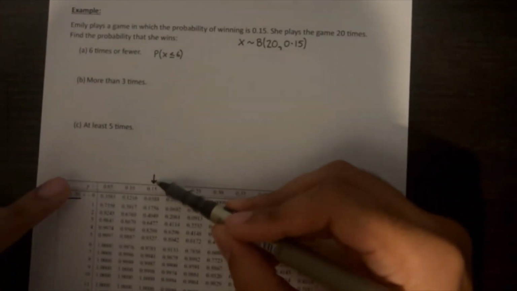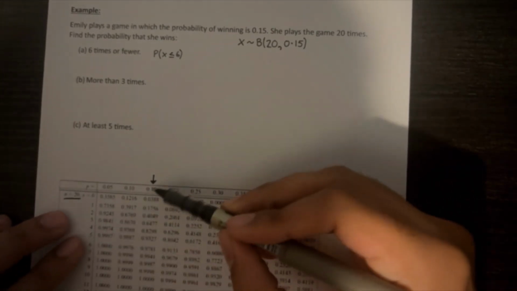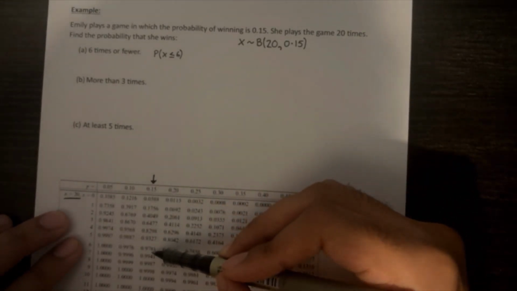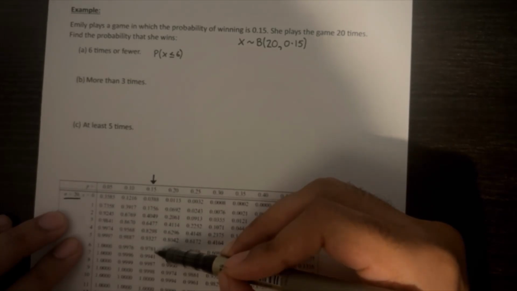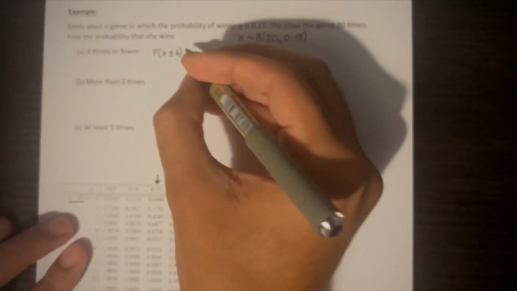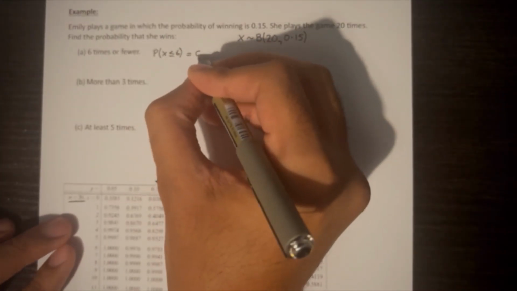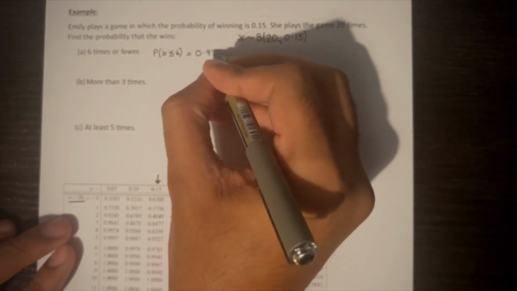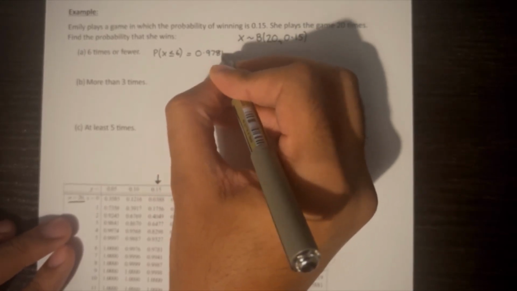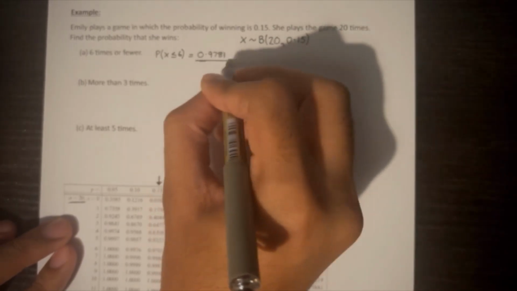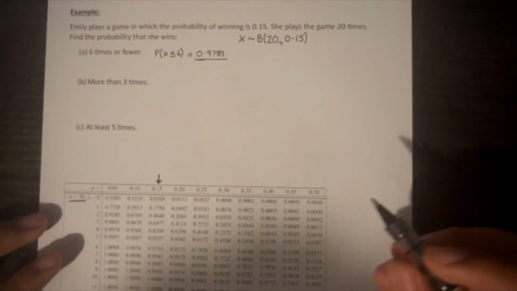I can simply go down to where x is 6, and that is 0.9781, and that's our answer there to 4 decimal places.